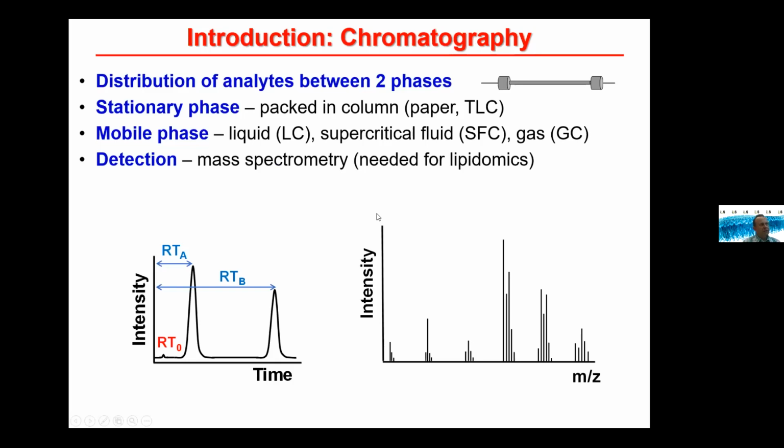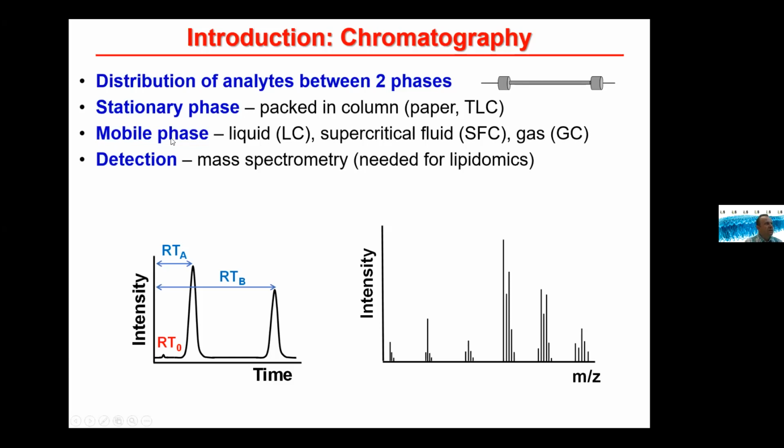My introduction is really very brief. Just to remind you that the chromatographic process is basically the dynamic distribution of analytes between 2 phases. One is called the stationary phase, and this is typically packed in a column, in the case of liquid or supercritical fluid chromatography. There are other options with paper or TLC, but we will not deal with this in my lecture.